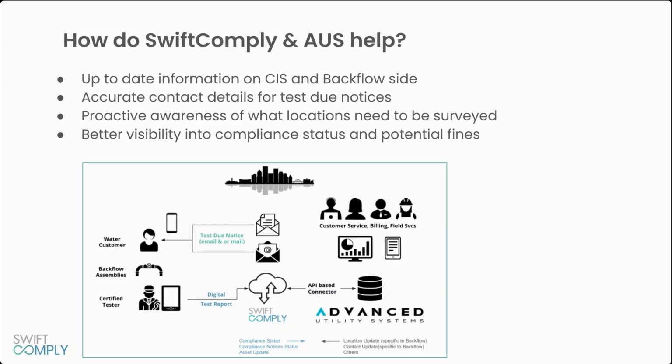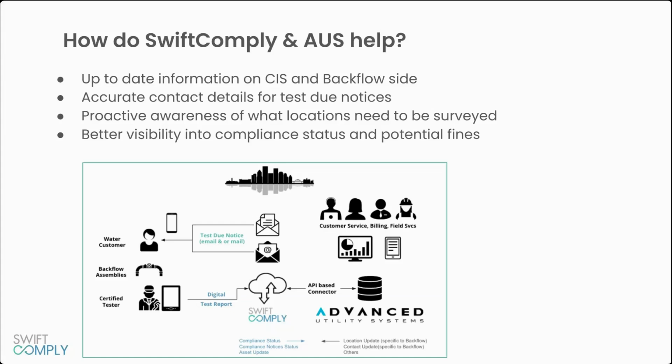So once we have those up-to-date contact details, that plays into our collaboration, our education, and sharing of data more effectively. It also means we can be proactive about what is out there that maybe we don't have information on. A very common thing is you may say, hey, I have a pretty good inventory of what's going on with my Backflow program here, but there are locations where we don't have visibility.